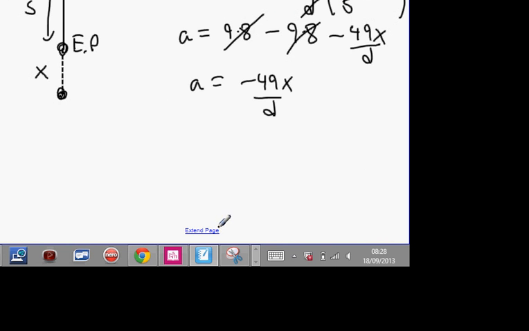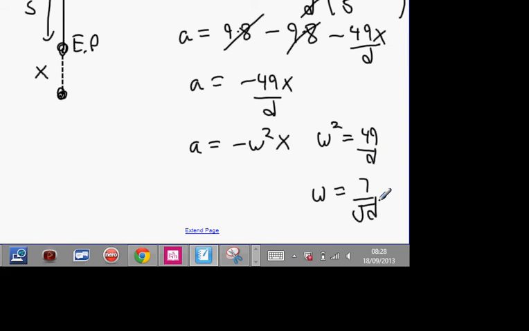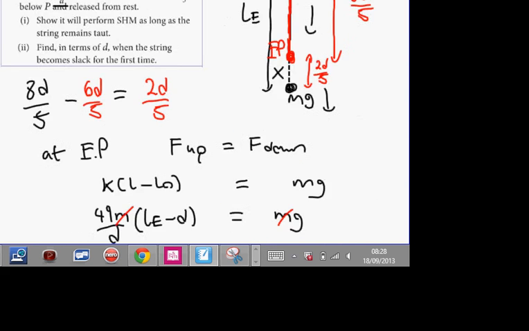Now, if we look at this, it does undergo simple harmonic motion because it's minus omega squared x. Okay, and then omega squared equals 49 over d. Therefore, omega will equal 7 over root d, because the square root of 49 is 7, and the square root of d is root d. Okay, so we've done that successfully.